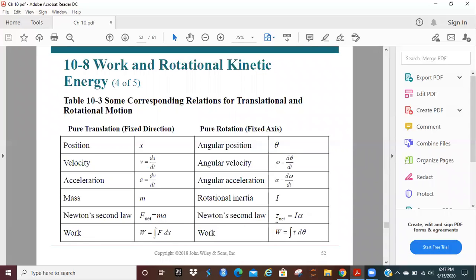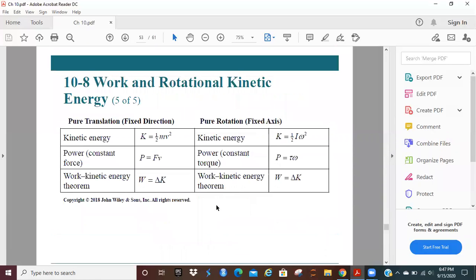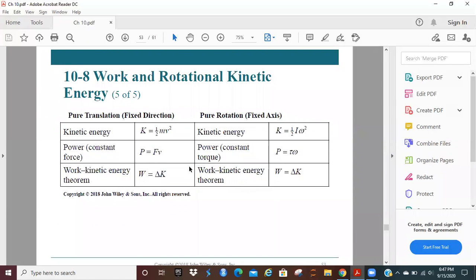Then Newton's second law, and the definition of work. Going on, you're going to see the kinetic energy. So you can see the comparison of mass and moment of inertia and velocity and angular velocity. Power, force times velocity, torque times angular velocity. And then the work-kinetic energy theorem, which is that the change in kinetic energy is the same as the work in both cases.